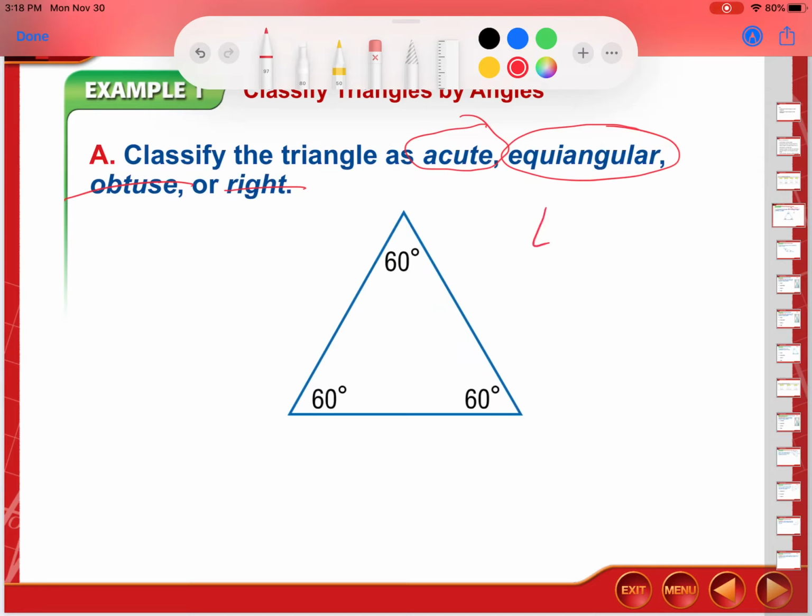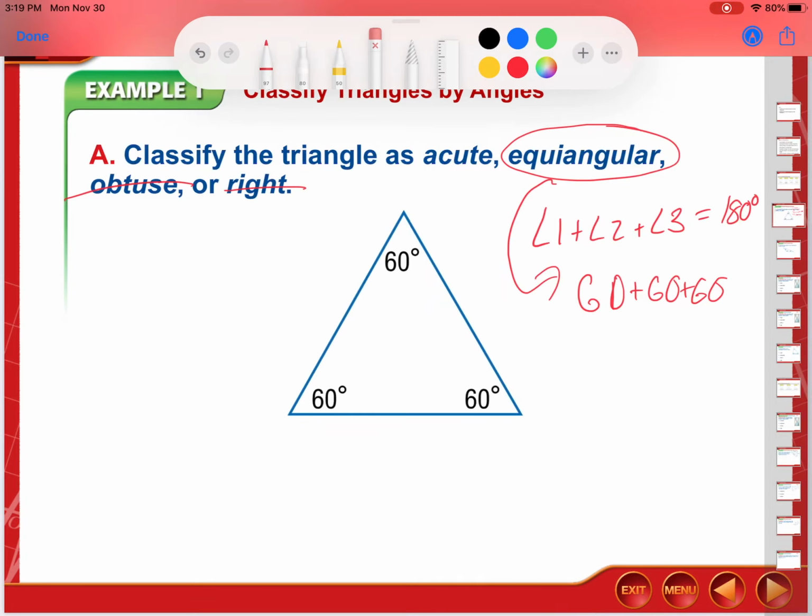All triangles, the 3 interior angles, always add up to equal 180 degrees. So angle 1 plus angle 2 plus angle 3 is always going to equal 180 degrees. So anytime you have an equiangular triangle, it's going to be 60 plus 60 plus 60, and so for it to be equiangular, all of them have to be smaller than 90 as well.